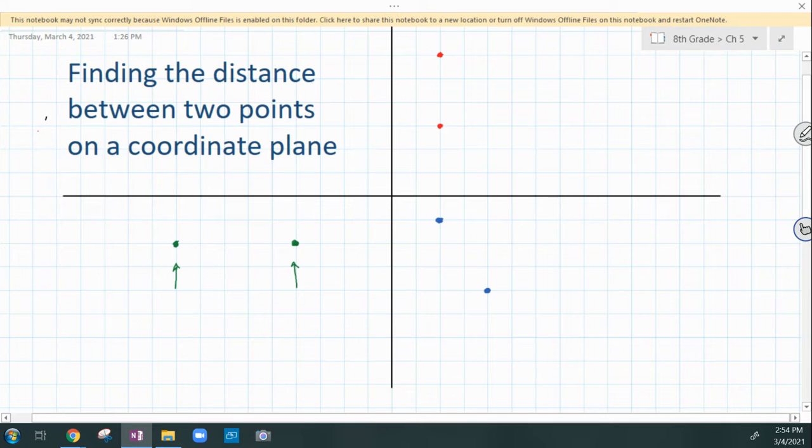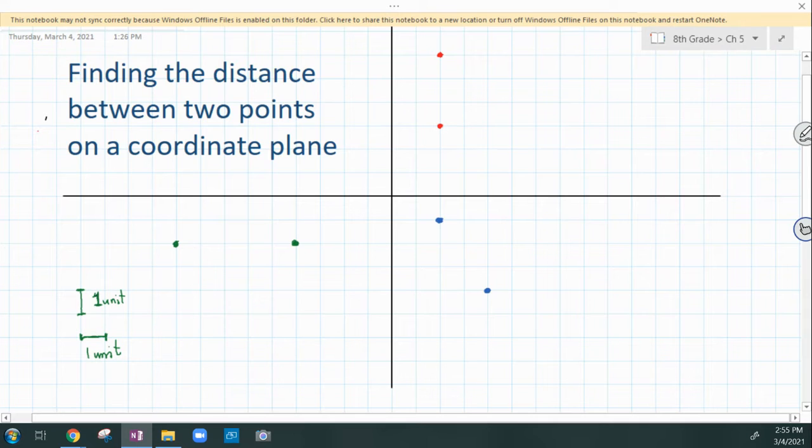When we measure things on a coordinate plane, we just use the grid as our units. Our little key down here is right from line to line. That is 1 unit, and same thing vertically, that is 1 unit.